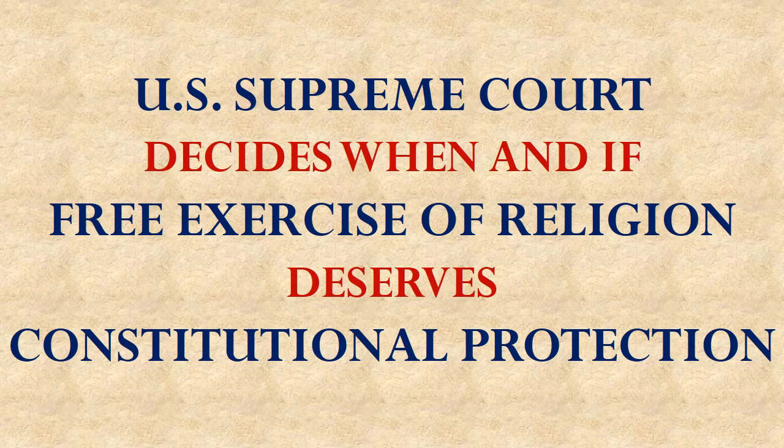So as a real-world example of this thing, let's say a state passes a law and says nobody can perform a marriage in this state unless they are also willing to marry same-sex couples. And then you have a pastor at a church that doesn't believe in same-sex marriage is now required to perform same-sex marriages, unless he just wants to get out of the marriage business altogether.